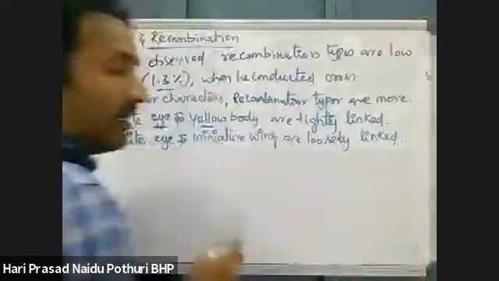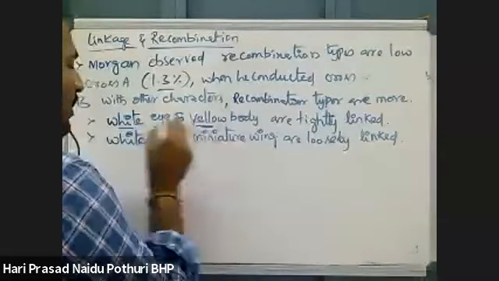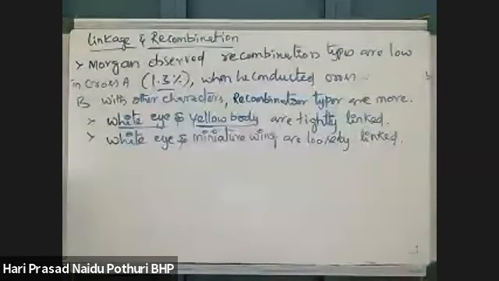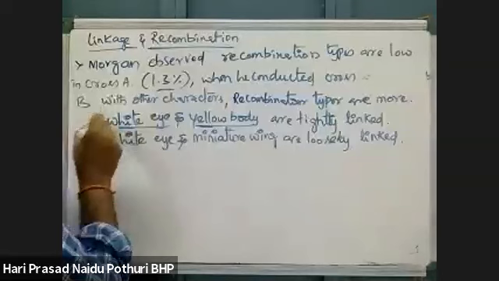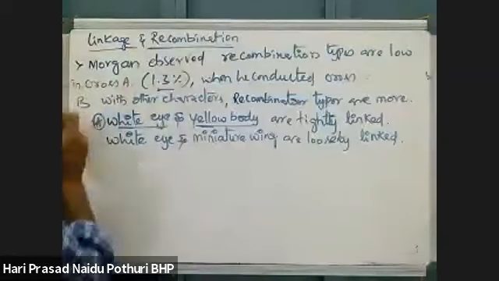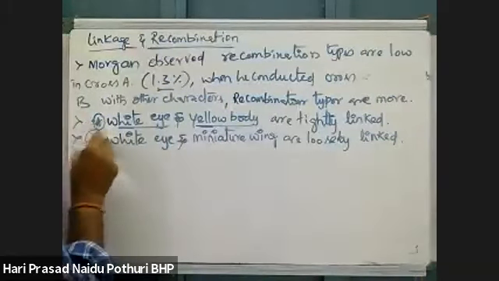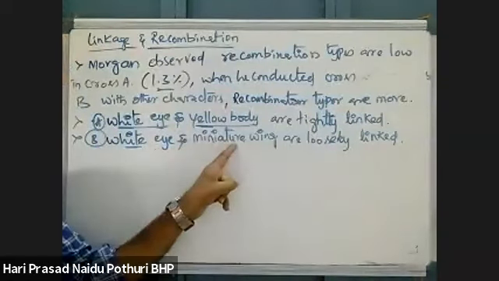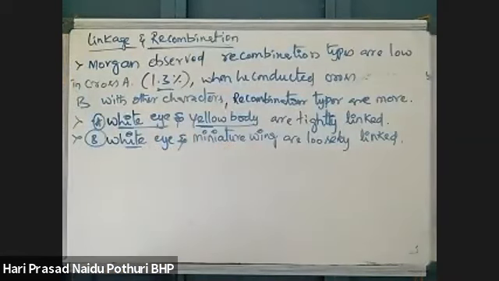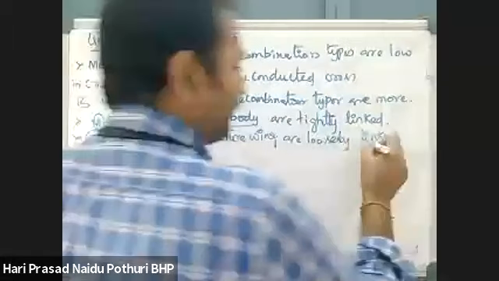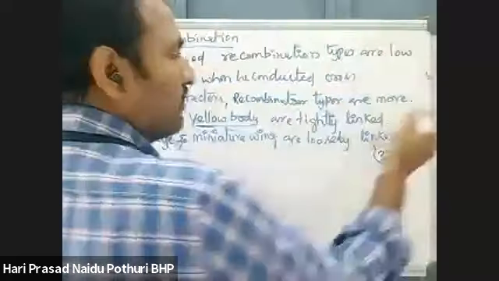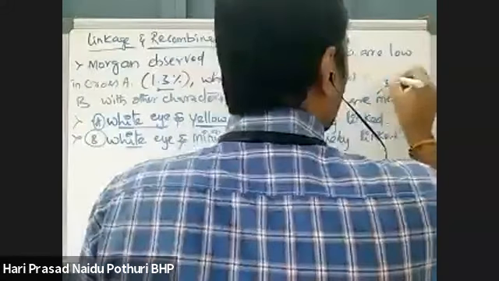In the first cross, he crossed characters like white eye and yellow body. For those two genes, in cross A, he got a small number of recombinations. But in cross B, with white eye and miniature wing characters, it showed a high number of recombinations, around 32.7%.